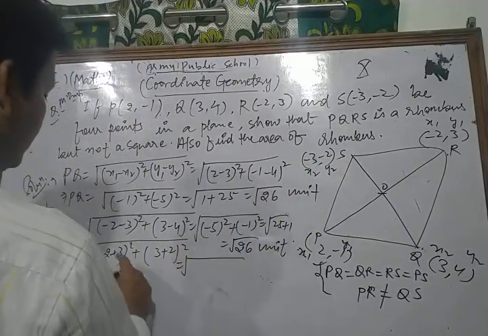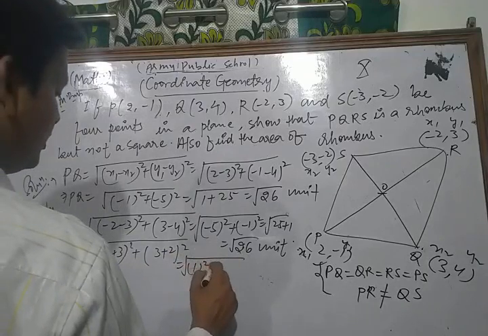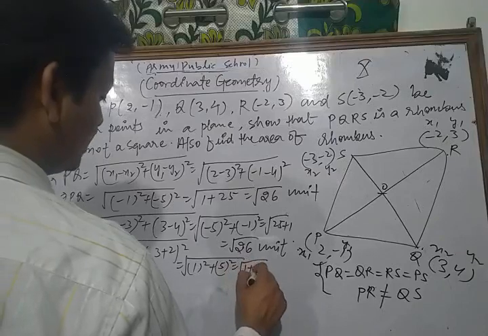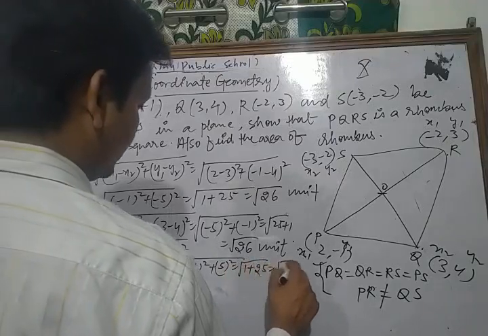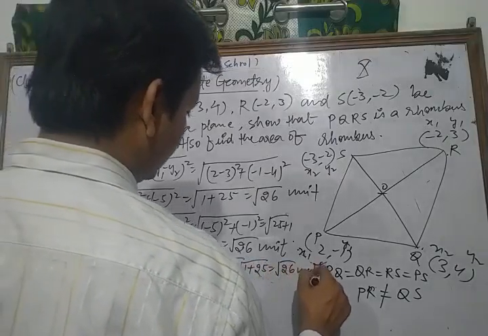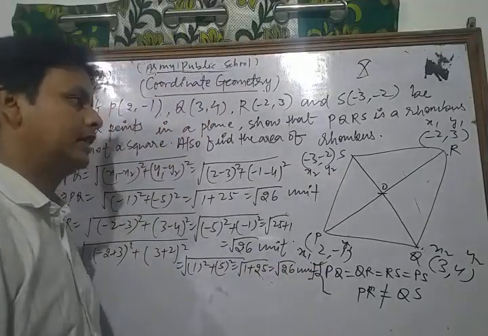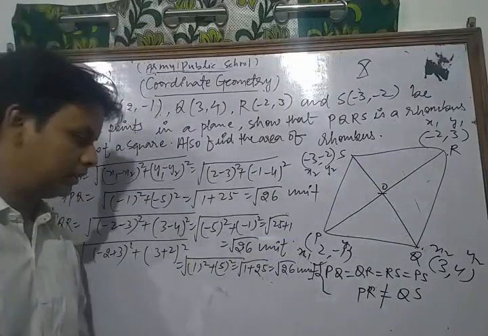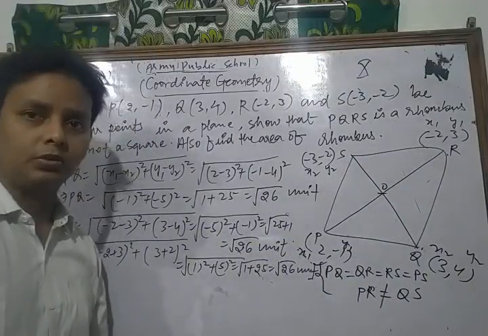So we get this is 1 whole square, this is 5 square, 1 plus 25, under root 26 unit. So that distance RS is also equal to under root 26 unit.